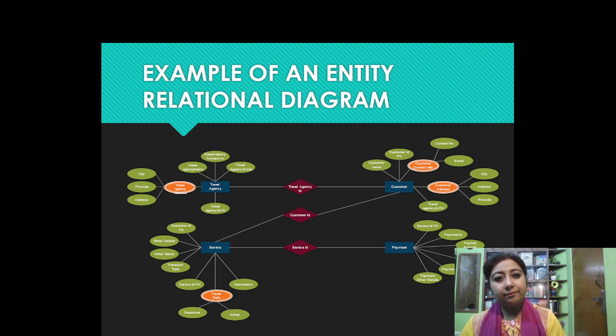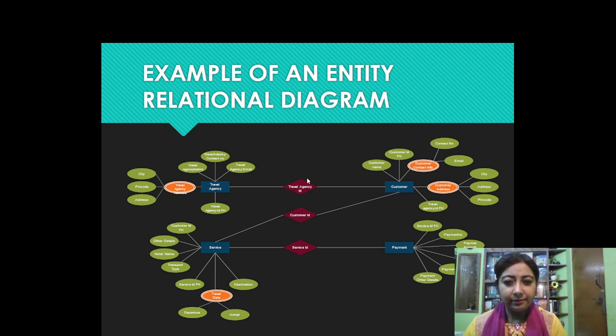Now here is an example of an entity relationship diagram. In this example, these square boxes, or we can call them rectangles also, are known as the entities.